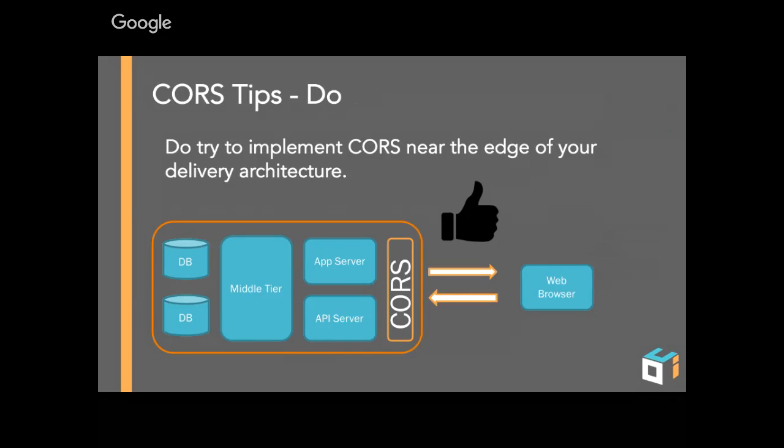Try to implement CORS near the edge of your delivery architecture. Now, this is something that we'll talk about. So this is, again, a guideline, because clearly you can't always do it. So let's talk about what that means.